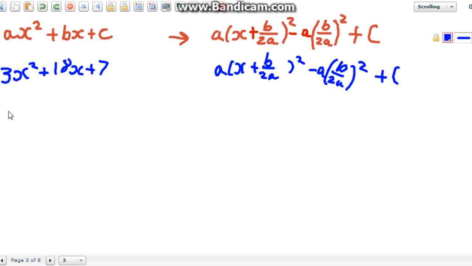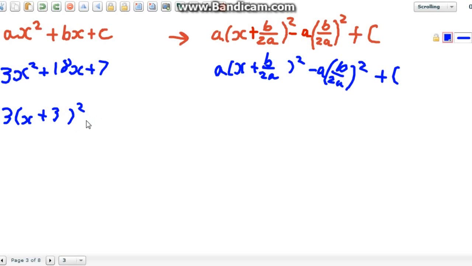First step is to put down our 3 and inside our brackets our x and our squared sign. For b, we then divide by 2, gets us 9, divide by 3 in our case, gets us 3 again, so we're going to add 3 on. 18 divided by 3 times 2, 18 divided by 6, 3.